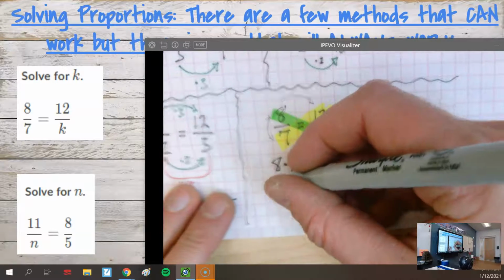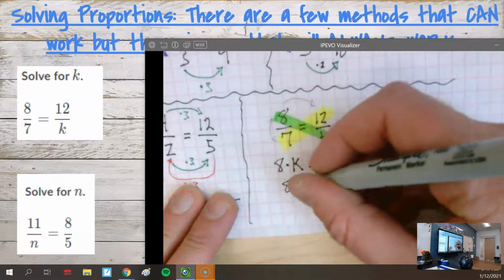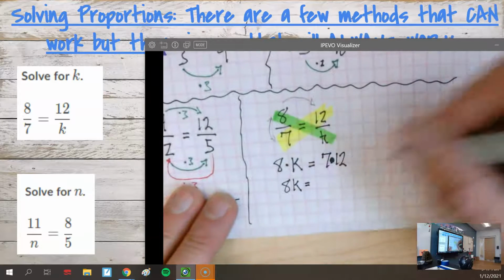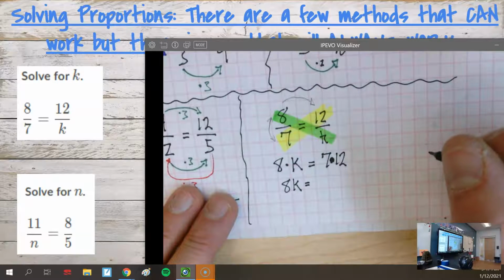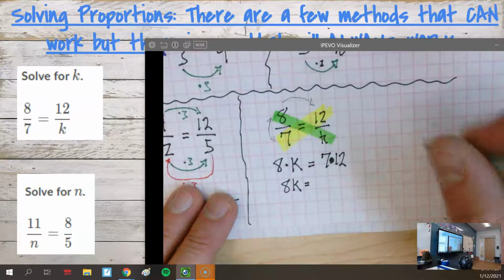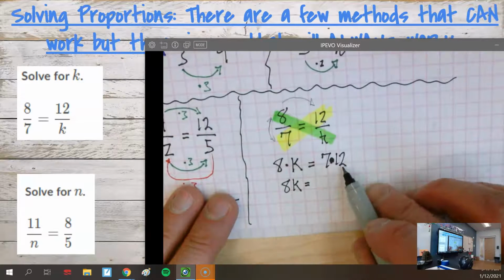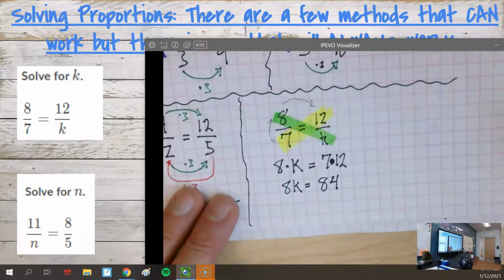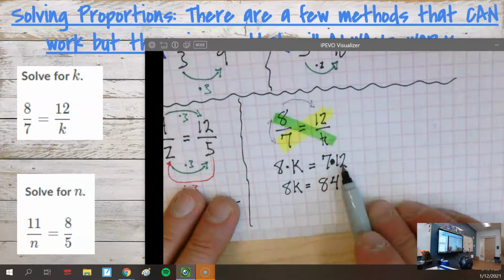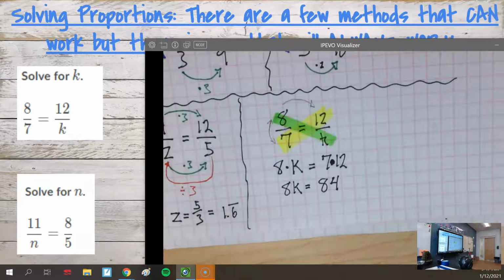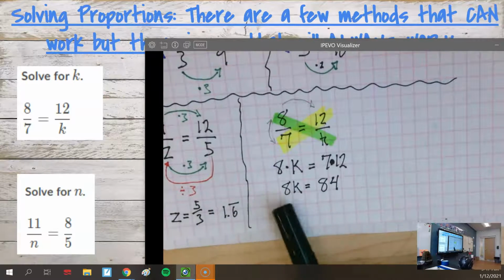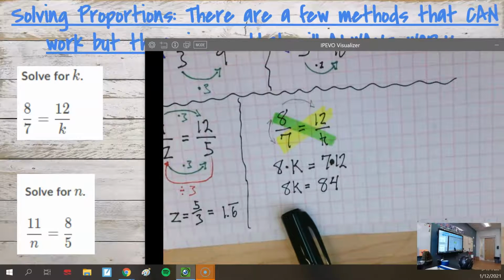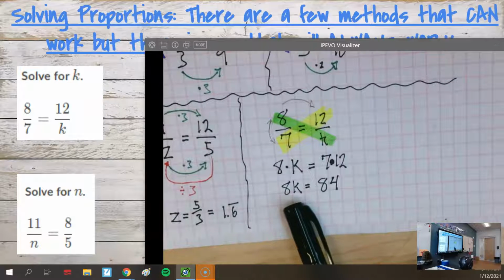So we get 8k is equal to, what's 7 times 12? 70 plus 7 times 2 is 14, so we get 84. Break it up, right? 7 times 10 and 7 times 2. How do I undo multiplication in order to get the variable by itself?